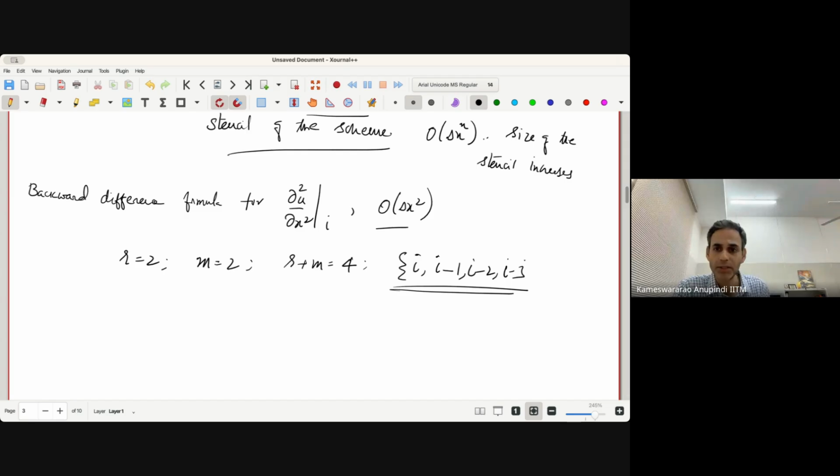My scheme depends on the stencil. The stencil for the scheme is i minus 1, i minus 2, and i minus 3. We need function values at these points to calculate the second derivative to second order accuracy. Then, just like before, we write u at i minus 1. Because there is a minus, we need to be careful with the Taylor series expansion.